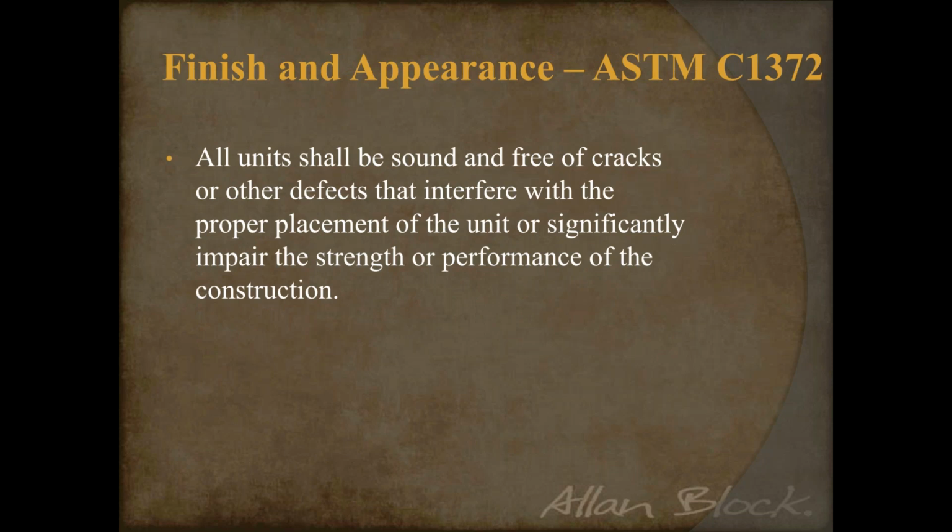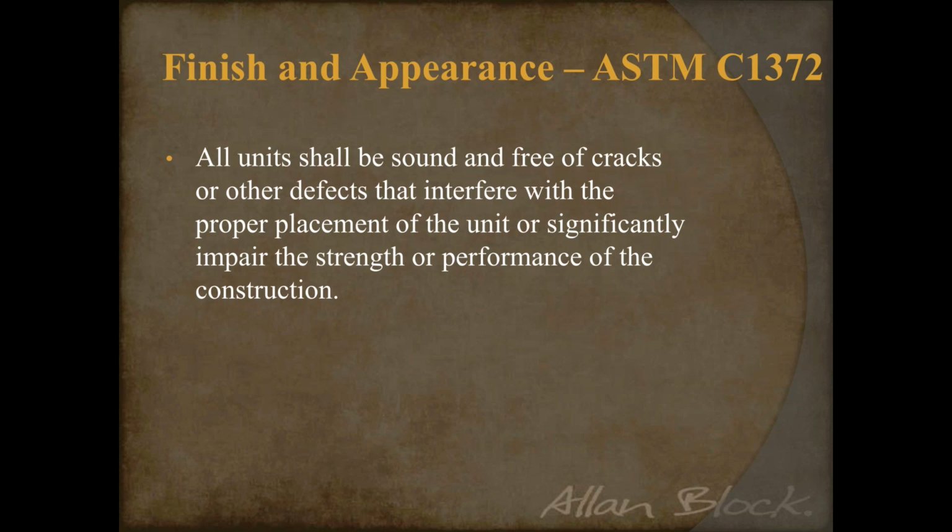Finish and appearance really had to be put in 1372 just to cover any incidental things that might come up, from an owner of a project to the installer to the manufacturer, on what the blocks look like.